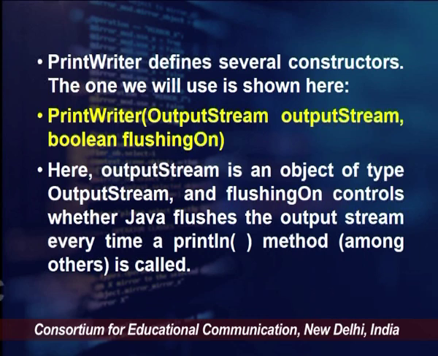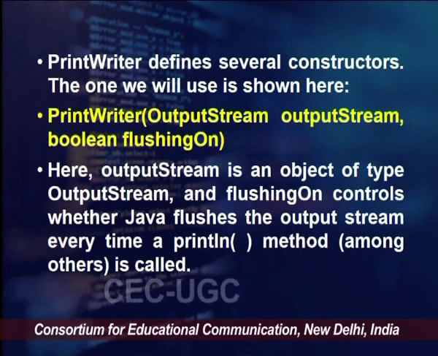PrintWriter, output stream, the object of the output stream, then the boolean variable flushing on. OutputStream here, as you can see, is an object of type OutputStream with O and S capital, and flushing on is actually a parameter which controls whether Java flushes the output stream every time a println method, among others, is called.